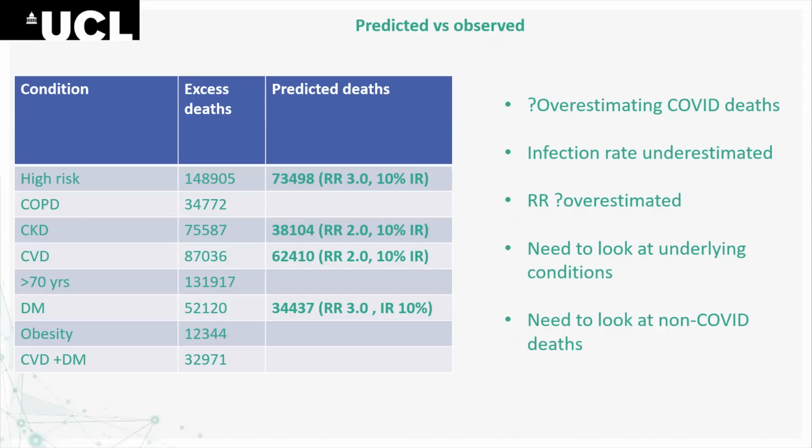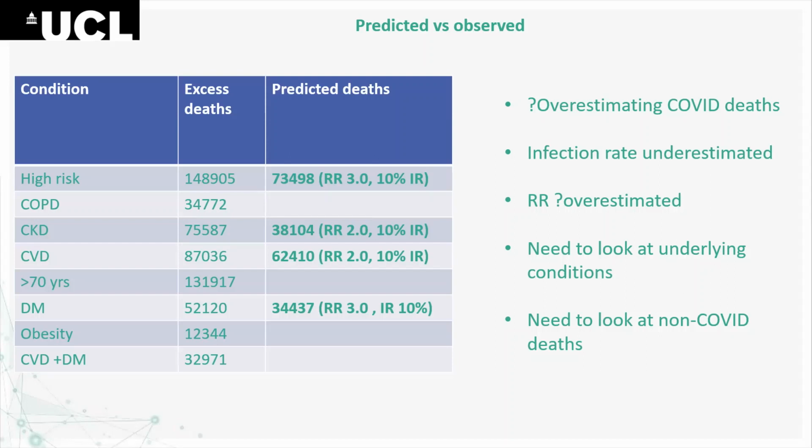We have included people who have a positive COVID code and have died, whereas you'll be aware that others estimate that based on 28 days from their diagnosis of COVID. We're going to do sensitivity analysis around that as well to see how that changes the number of deaths.